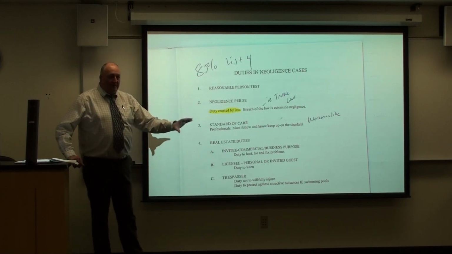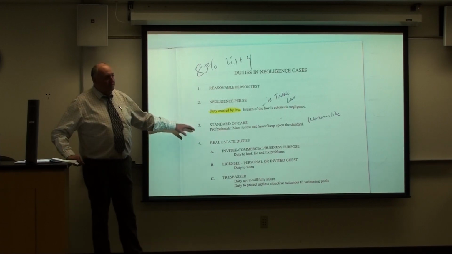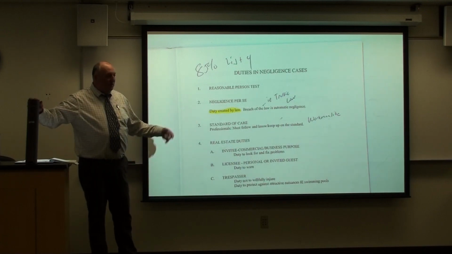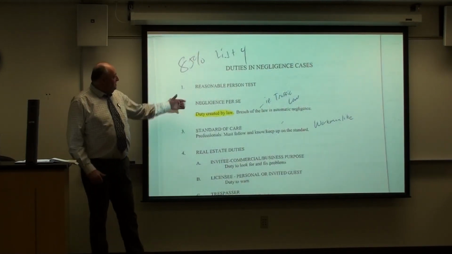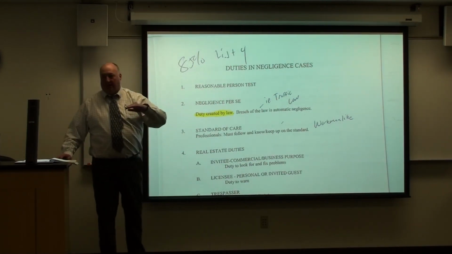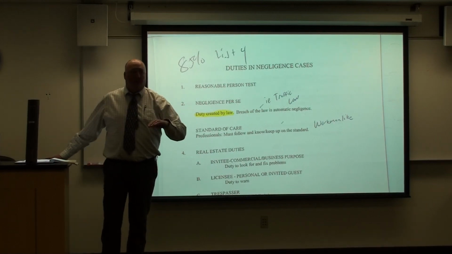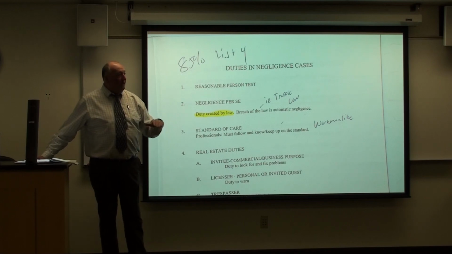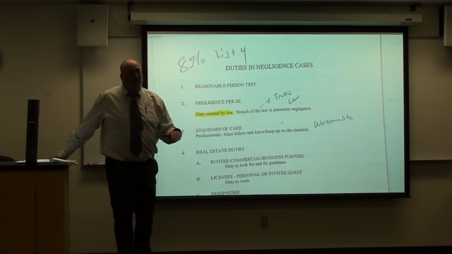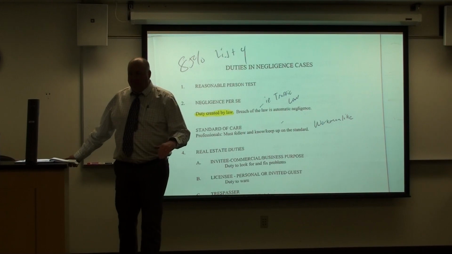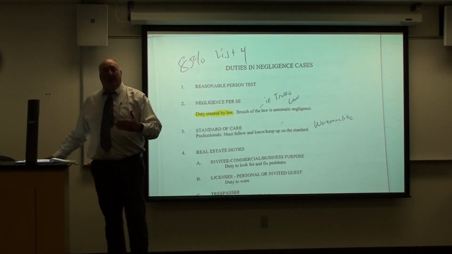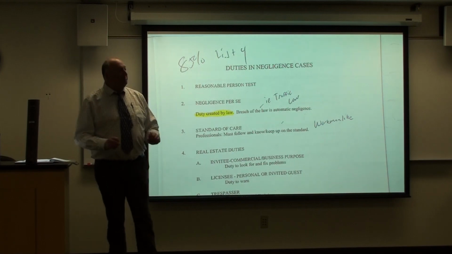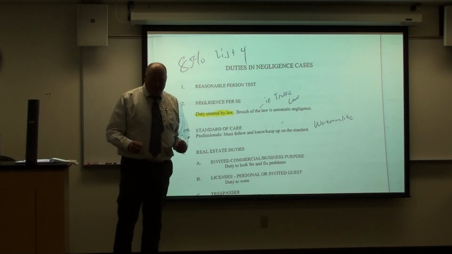So these are some of the terms we use to describe different levels of duty. There are more than this, but these are the ones that are pretty common. So first, the most basic duty is what we call the reasonable person test. And this is basically the idea that everybody has an obligation at all times to act reasonably, to act in a way that the mythical or theoretical, reasonable, rational person would act.